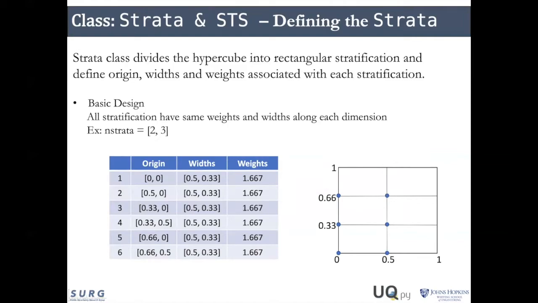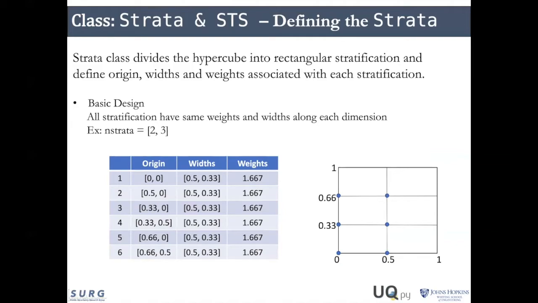Let's say in a two-dimensional case, if we are sending a list 2,3, it basically divides the first dimension into 2 equal groups, and the second dimension into 3 equal groups, and basically divides the space into a stratification, which you can see on the bottom right side.